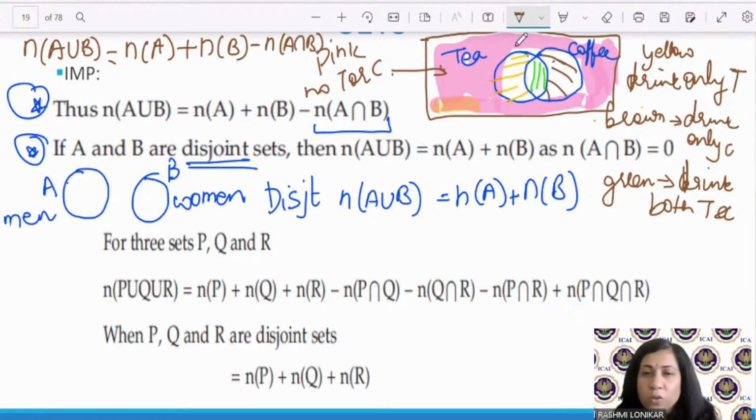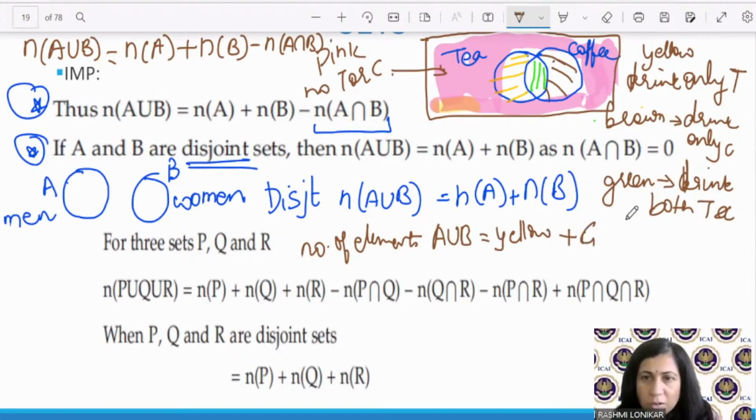Okay. So whenever you get sums like this, you will have the number of elements in A union B equal to yellow plus green plus brown. That will give you A union B.